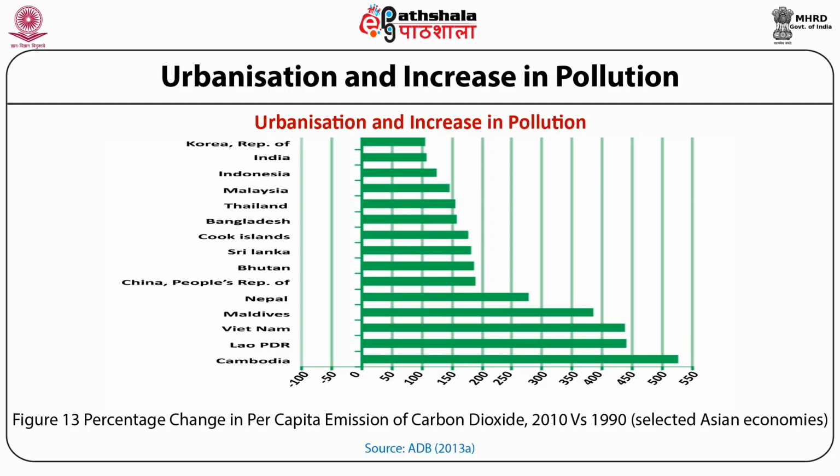The figure shows that Cambodia, Maldives, and Vietnam have registered the highest increase in the carbon emissions during 1990 and 2010. The economies that have registered the biggest increase have actually started with low per capita emissions, and most still had relatively low emissions by 2010, with the exception of China.